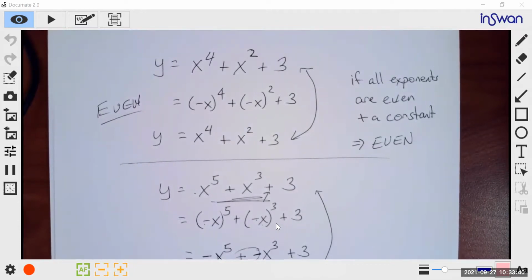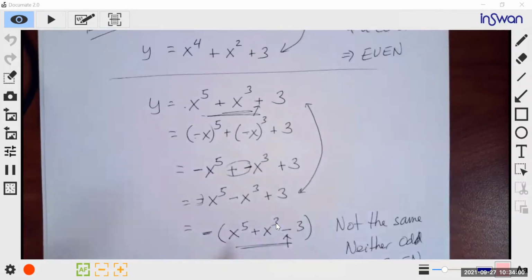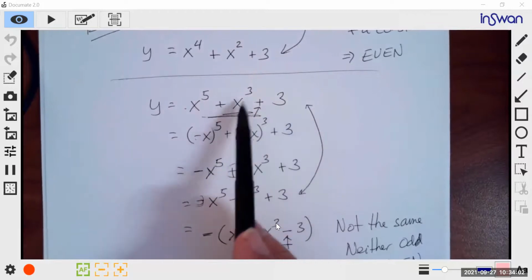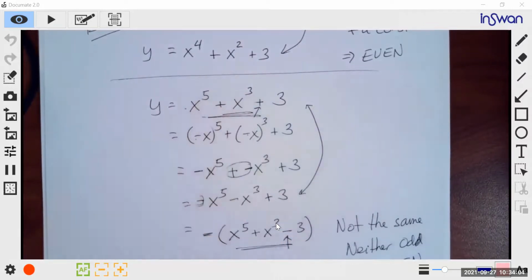So if you see a constant number by itself, no x's, then only look at the exponents. If they're all even, then it's even. If they're a mix, it's nothing, because constant numbers do not work with odd exponents.